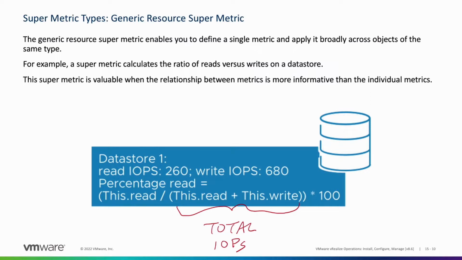Now, that's not quite what we want our super metric to do. What we want our super metric to do is to tell us the percentage of our IOs that are reads. Well, armed with that total, we can do some simple math with our formula to figure out the percentage that's reads.